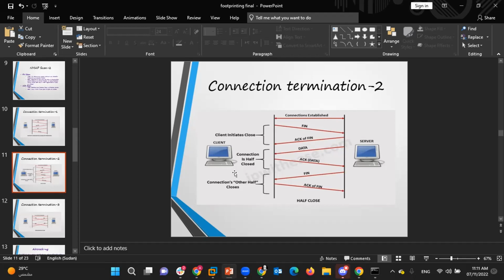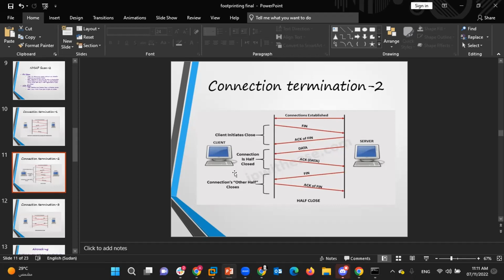Suddenly, the client asked to FIN or close this connection by sending the FIN packet, and he received a FIN ACK from the server. But after the FIN ACK, the server sent the data. At this time, the client will send a packet to the server. It's called ACK data, which means I received the data, acknowledging the data.